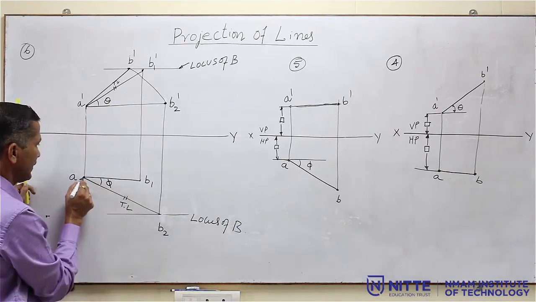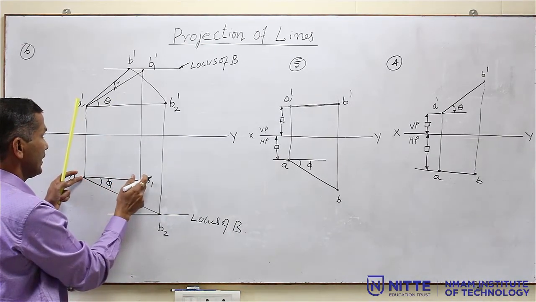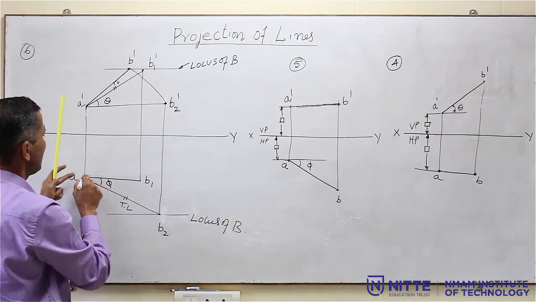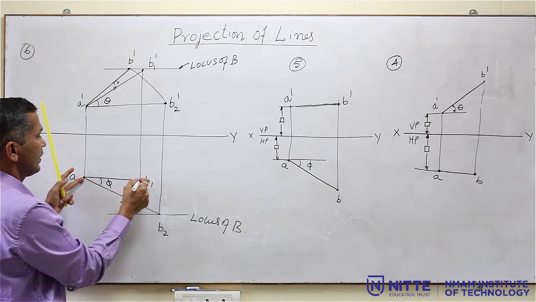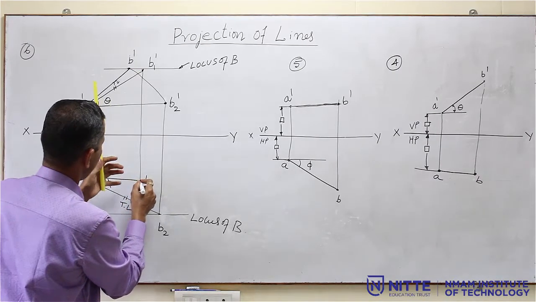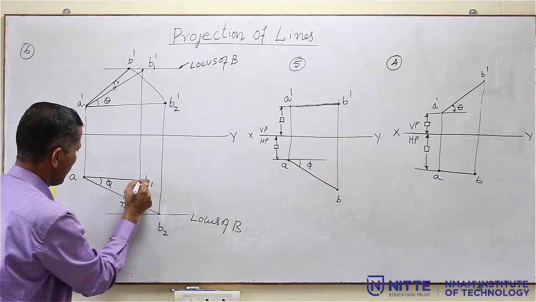With A as center and AB1 as radius, take the compass and draw an arc towards the locus.